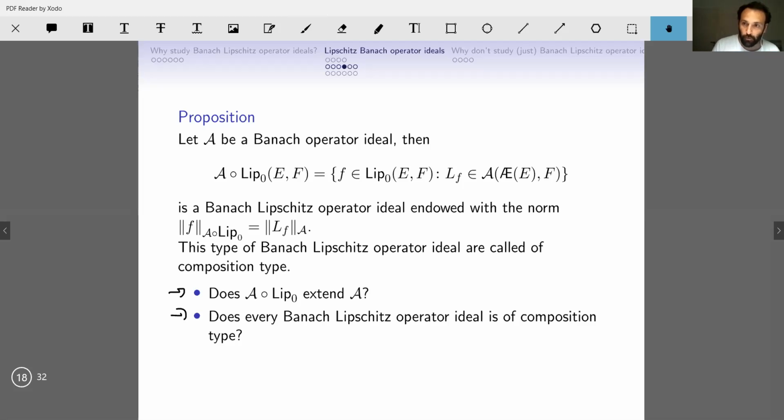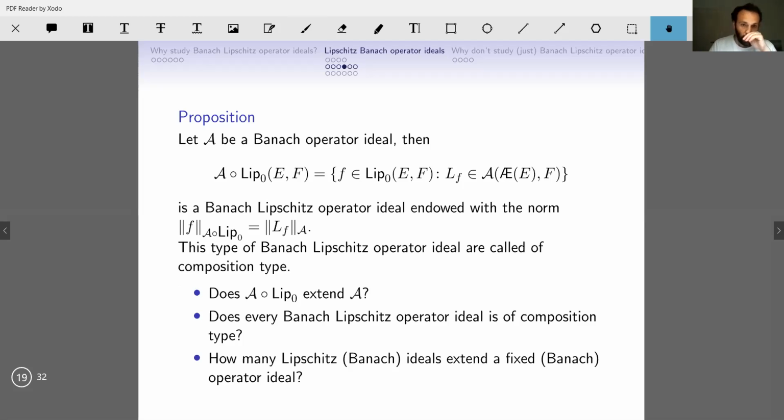And also we have a third question: how many Lipschitz ideals extend a fixed linear operator ideal? What does this question mean? Well, if we want to extend some linear property and describe it using Lipschitz mappings, how many ways to describe it do we have? Just one, or many? Well, we don't know. So these are the three questions that we have.